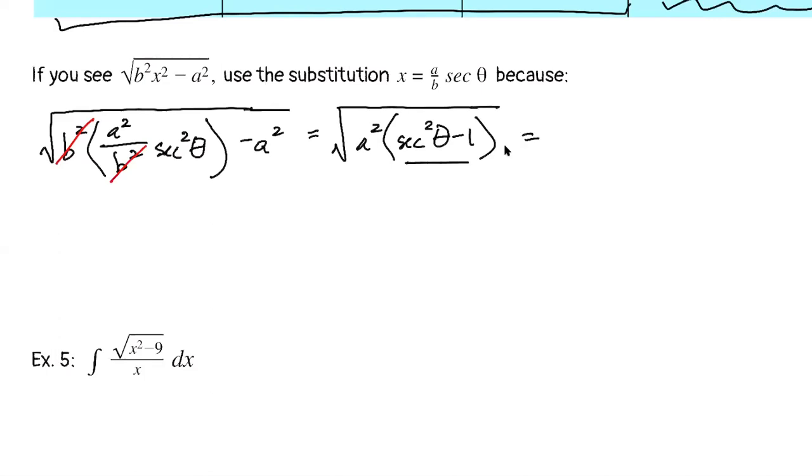And this is a version of one of our Pythagorean identities. And we can say that this is a squared tangent squared. And the beauty of that, that is different from our initial, is that we can take the square root of both terms because they're connected by multiplication.